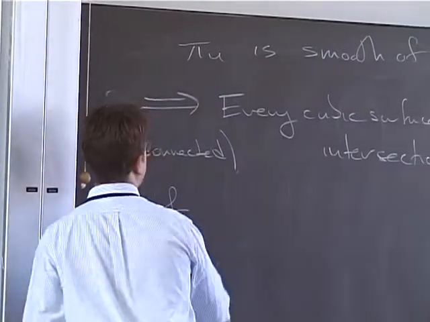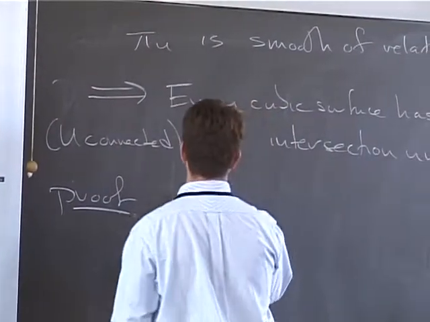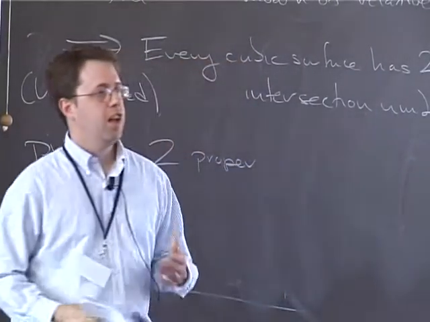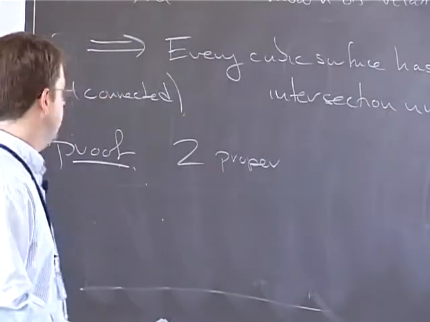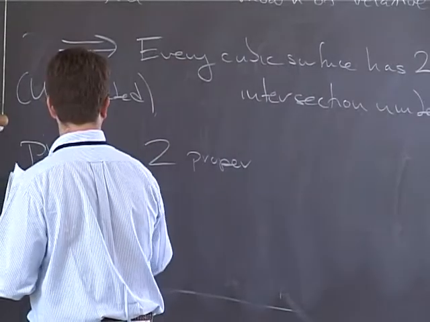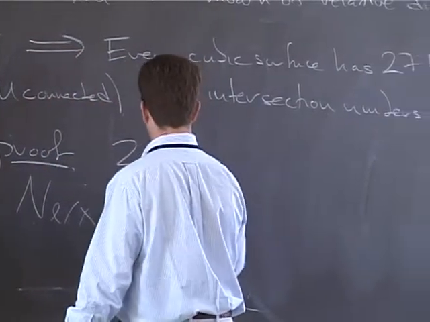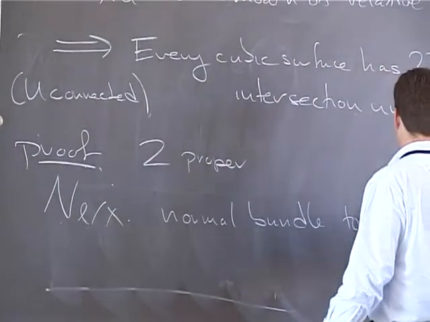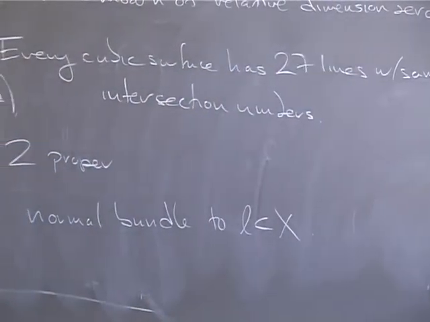Here's a sketch proof. Well, first of all, let me just point out that Z is proper, because a cubic surface with a line can only specialize to a cubic surface with a line. The line can only become a line. Now, let's look at, given a line in the cubic surface, its normal bundle. Well, we know what this is.